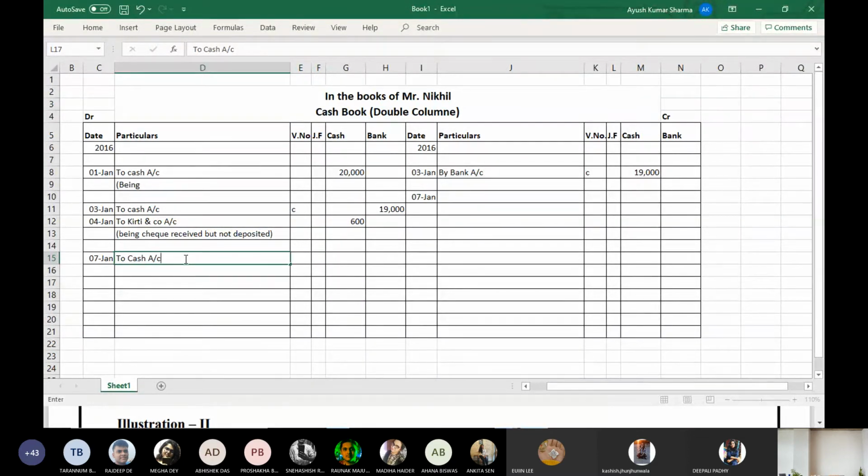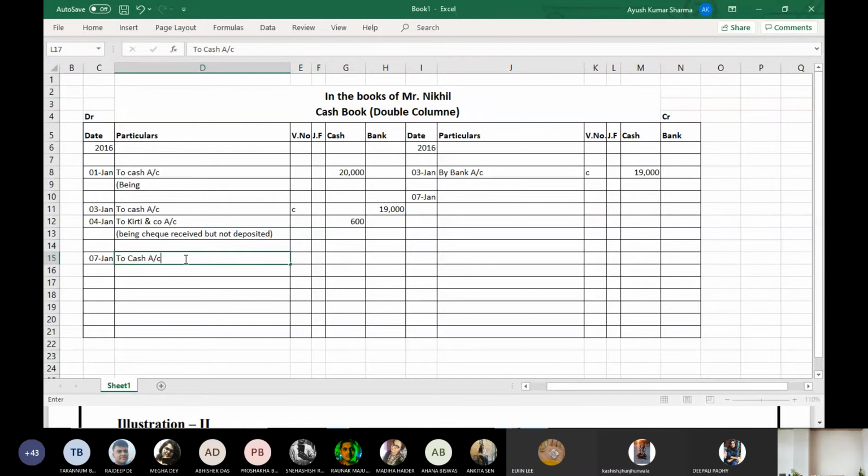And on the date of depositing the check into bank, we'll treat it like we have deposited cash into bank. That means there will be a contra entry on the date of depositing the check. Another concept says that when we receive a check but don't deposit it, for the time being treat it like check in hand. And on the date of depositing, we pass only an entry in respect of the check having been sent to bank. I'll show you both the treatments.